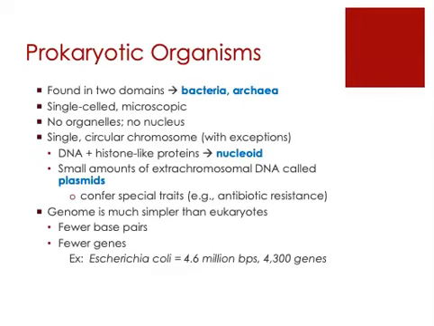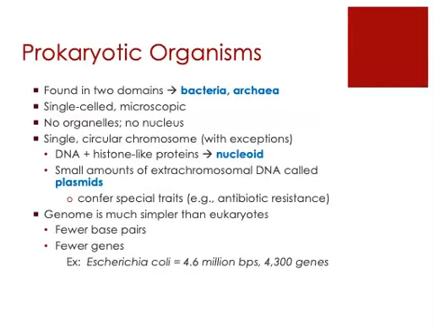Now, when we look at the DNA in the laboratory, when we take that circular chromosome and that plasmid DNA and we look at it in the laboratory, a couple of things are very apparent. The genome is much simpler in a prokaryotic cell than it is in a eukaryotic cell. Now, what do I mean by genome? The genome is simply the collection of DNA that we find inside an organism.